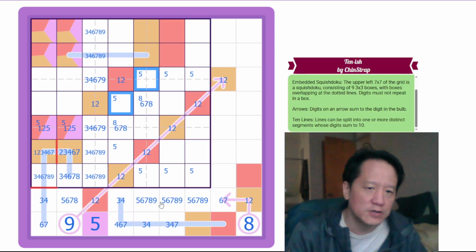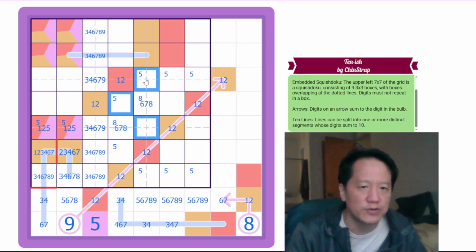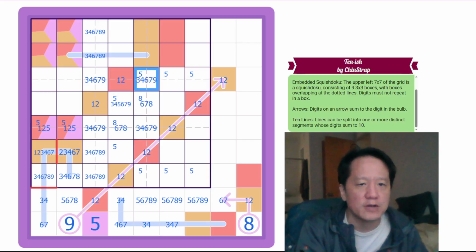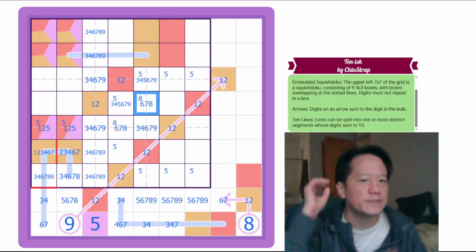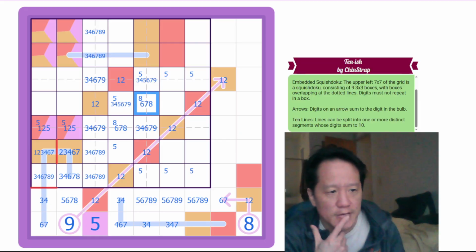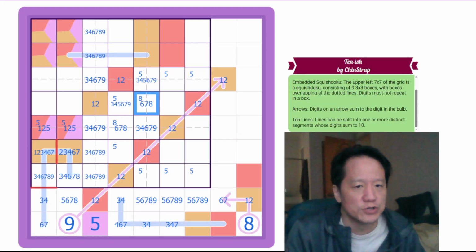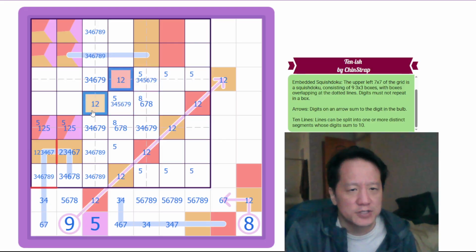So 5 is guaranteed to be one of these. This is basically 3 4 6 7 9, with 5 possibly being one of those two. So we have 6 8s in the squish doku. And it has to follow something similar to the orange and the reds.